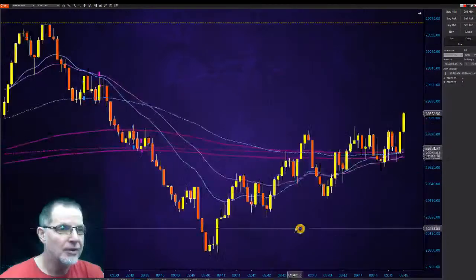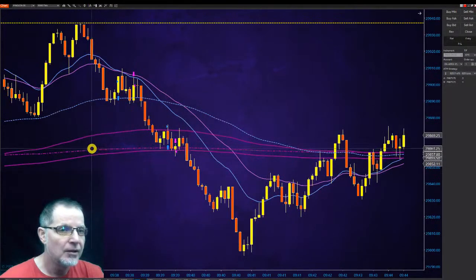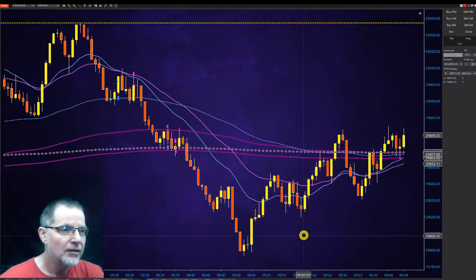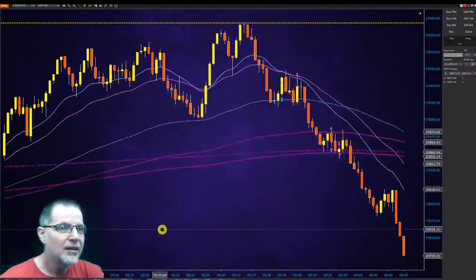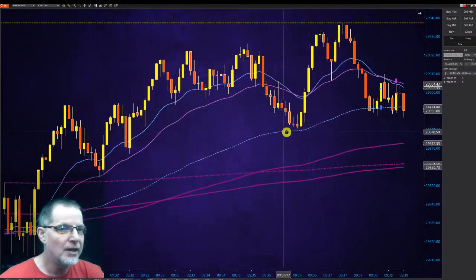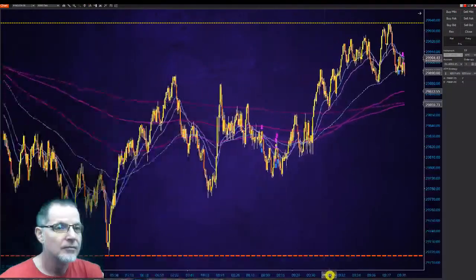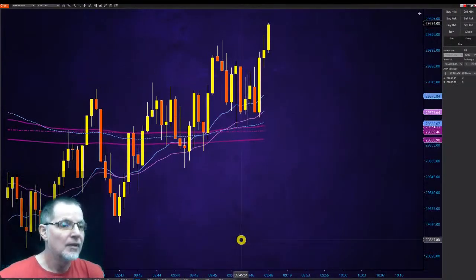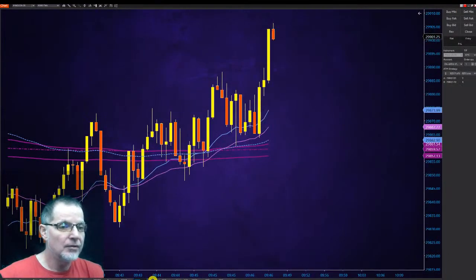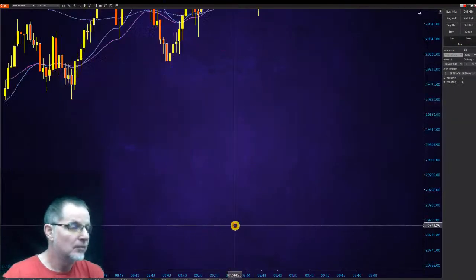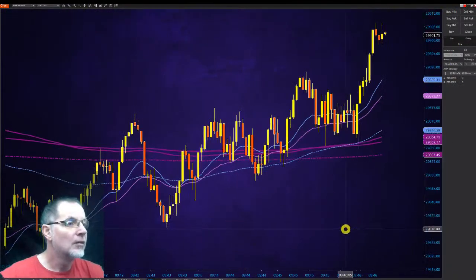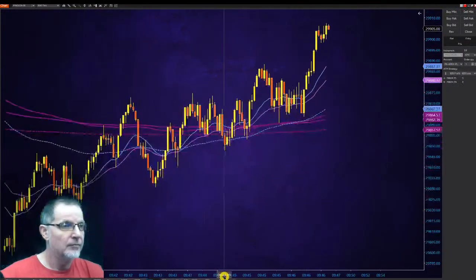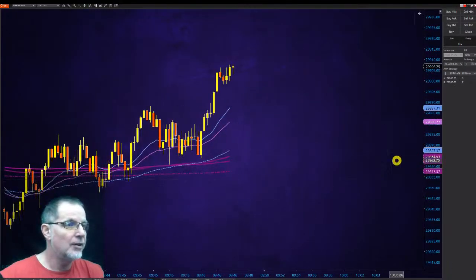But if we were using this time chart, you can see, yeah, the only setup was right here. Let's go to the 500, see what's going on here. Okay, we might get something on the time chart here.